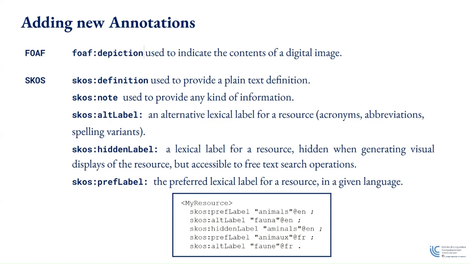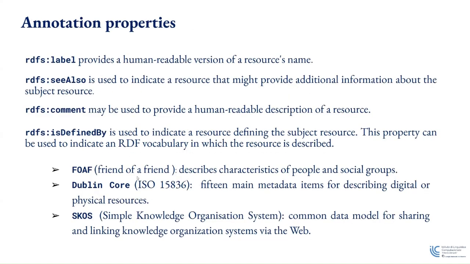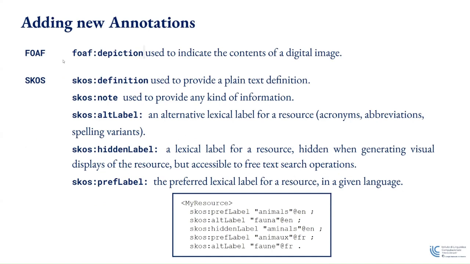And then we have three kinds of label. Well, as you have seen, we can use the RDFS label. It's a really general annotation property, but we can also specify which kind of label it is. For example, we can use SKOS altLabel if you want to specify that it is an alternative lexical label for a resource. For example, if we have acronyms, abbreviations, spelling variants, or we can use the property SKOS hiddenLabel.